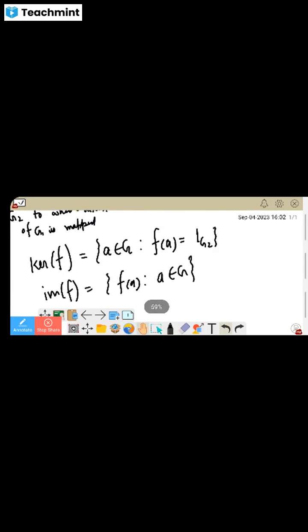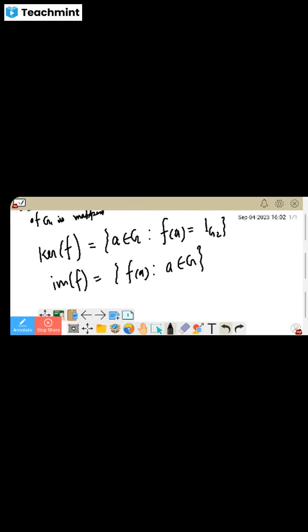So in this way we can represent kernel and image of elements.